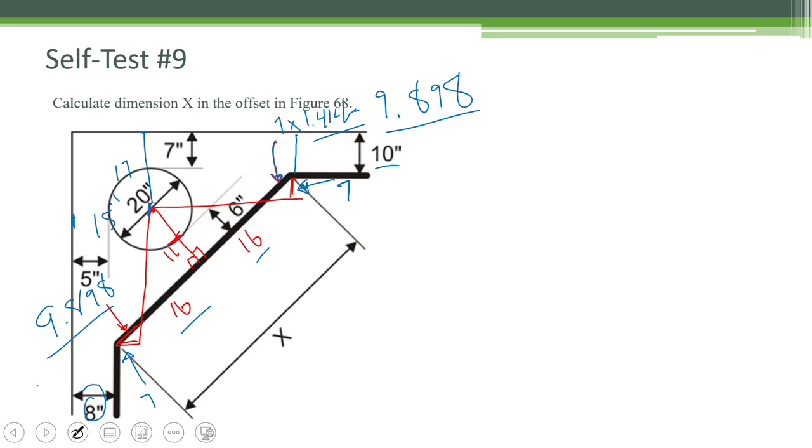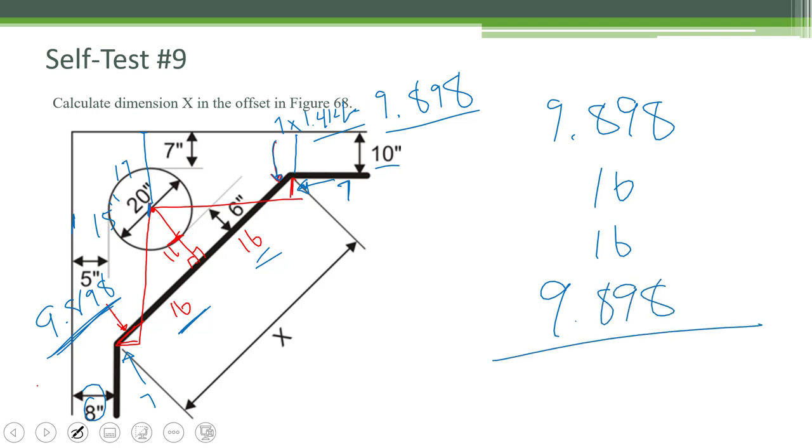Okay, so how I did that, I better write it down, I guess. I'll start over here, I have a 9.898 here. I have a 16 and another 16, 16, 16, and another 9.898. I add them all up and I should get 51.796.